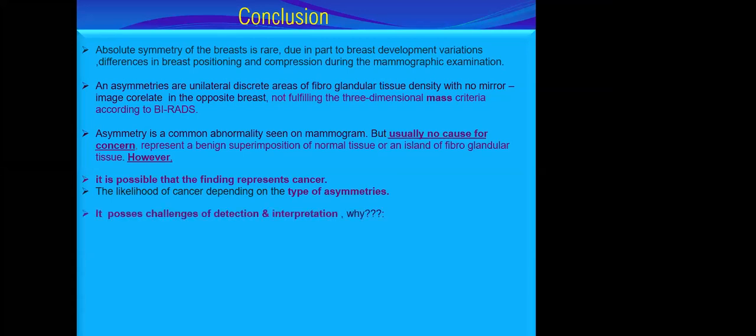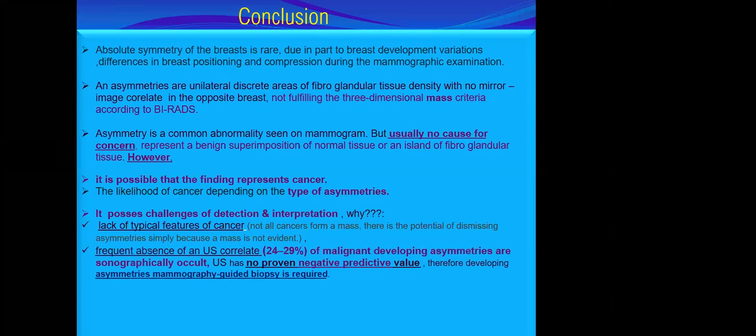It poses challenges of detection and interpretation. Why? Because of the lack of typical features of cancer. Sometimes cancer does not present as a typical mass. It might just present as an abnormal fibroglandular tissue density or asymmetry. And there is frequent absence of an ultrasound correlate for developing asymmetries, which occurs in up to a third of patients.